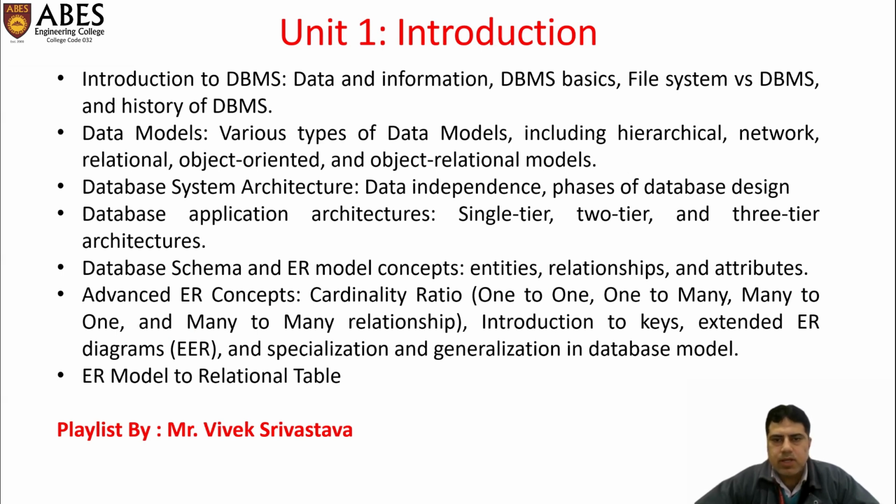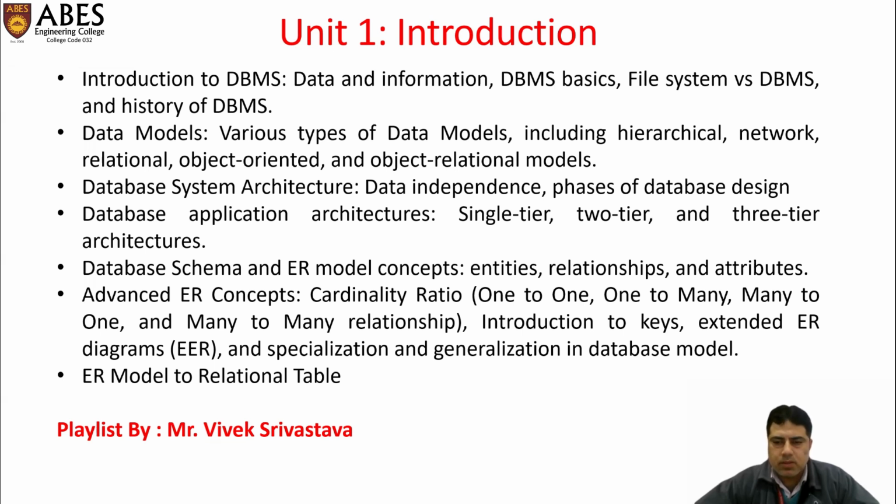in which we will cover database independence, phases of database design, then application architecture, in which single tier, two tier architecture, three tier architectures, then database schema, ER model concept, in which we will understand the concept of entities, attributes, and relationship. Then we will cover the advanced ER concepts like cardinality ratio: one-to-one relationship, one-to-many relationship, many-to-one relationship, and many-to-many relationship.